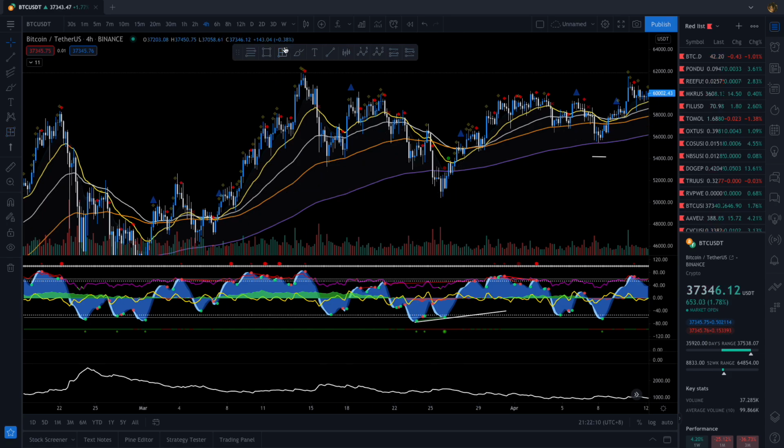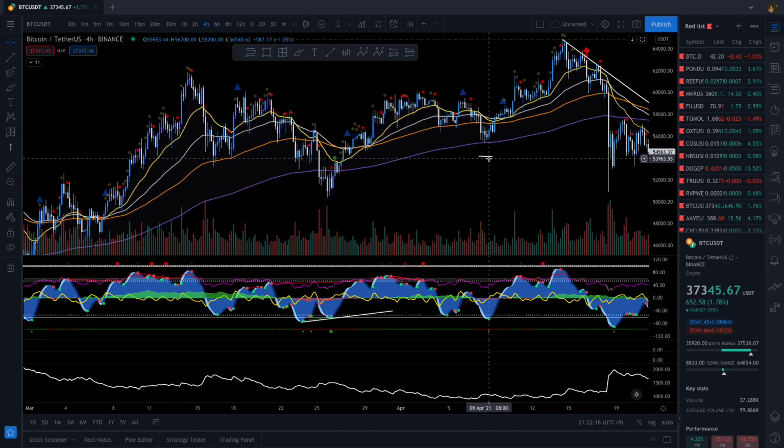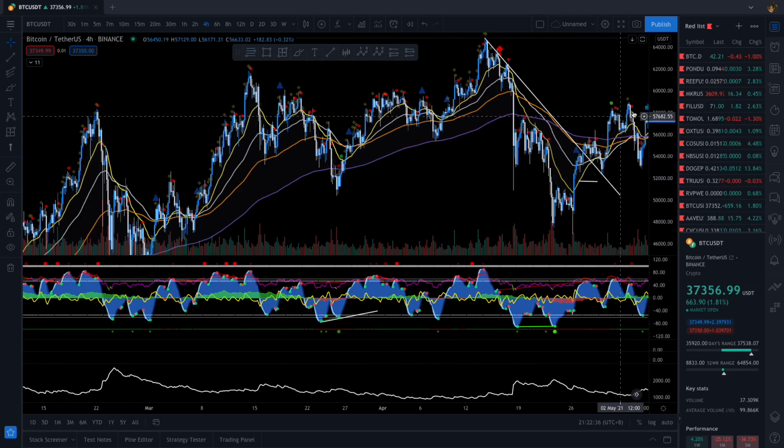If you were to have set your stop loss right below the 200 EMA, you would have got stopped out. So that's the importance of not setting your stop loss too tight, but at the same time setting it at a level where if your trade were to get invalidated, you can get out with just a small loss and not be stuck holding a bag. So that's method number one of how to set your stop loss.